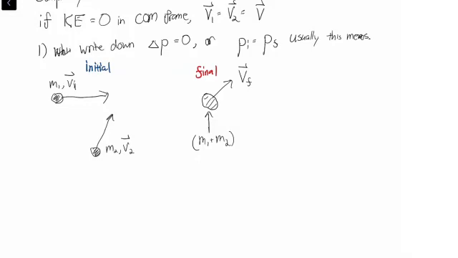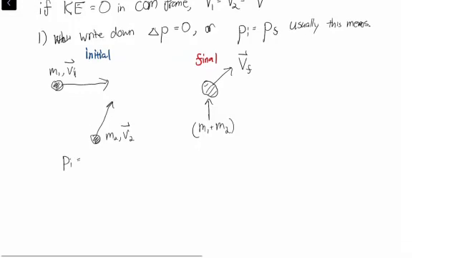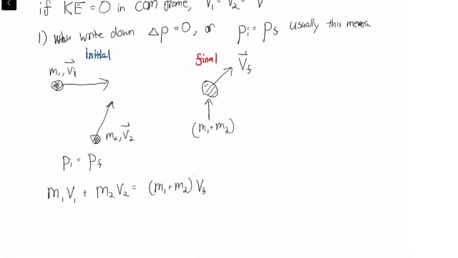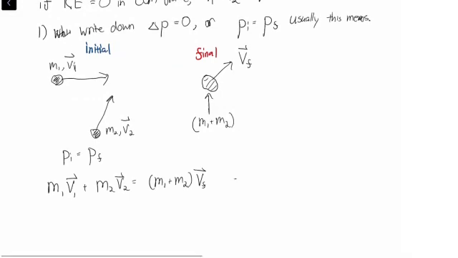So Pi equals Pf becomes M1 V1 plus M2 V2 is equal to (M1 plus M2) V final. Okay, so this is true for any completely inelastic collision.